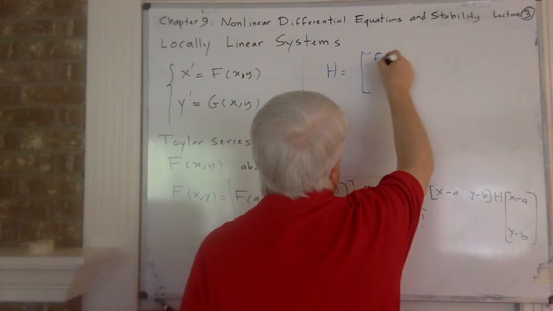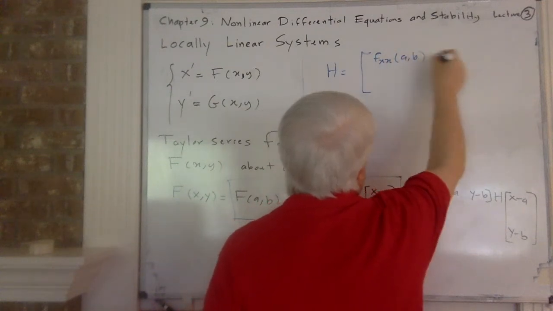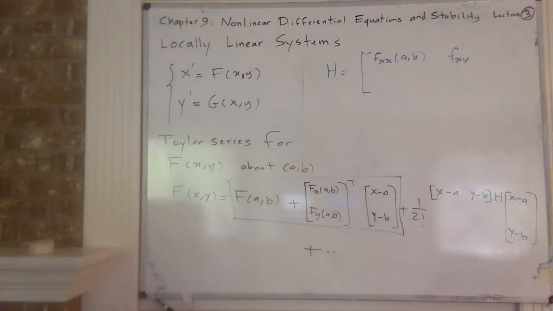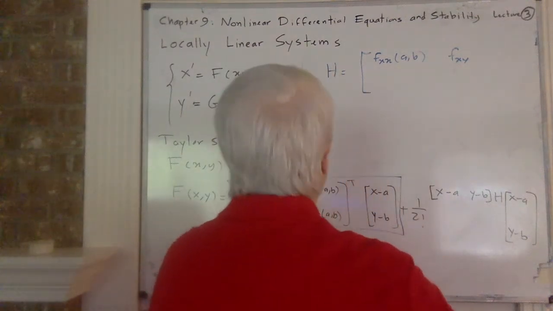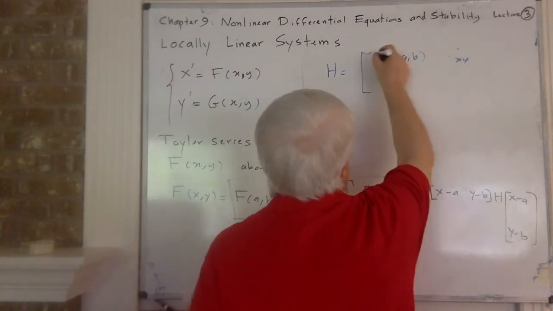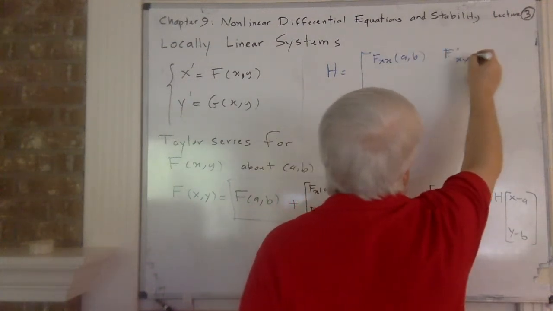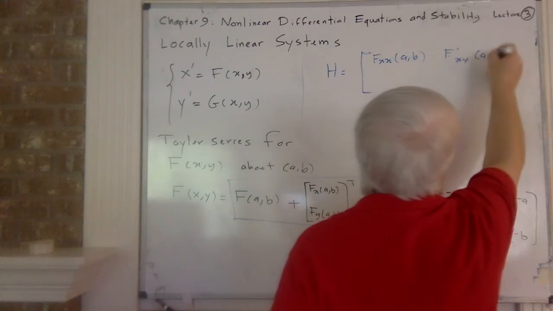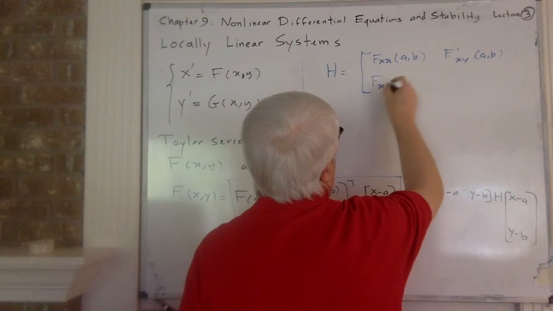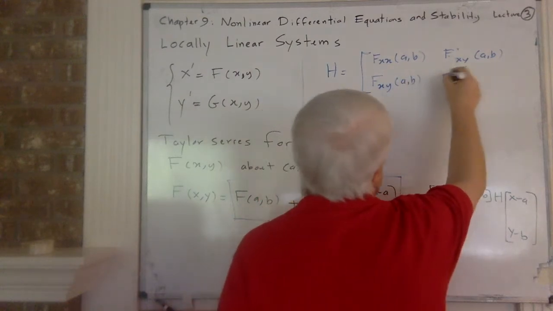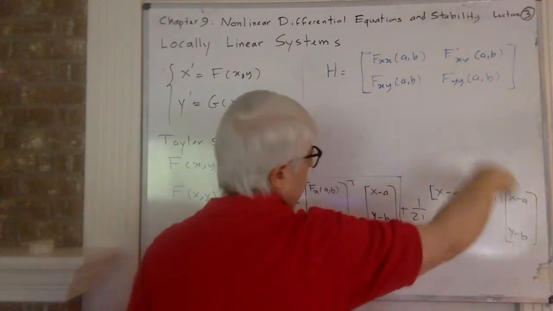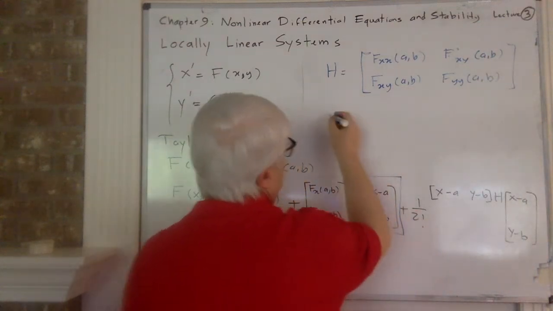That is fxx at AB, fxy. That is a bigger, yeah, that's capital F. So fxx, fxy at AB, and this is again fxy, assuming that they are the same, fxy at AB, and fyy at AB. So if I multiply by this and then this, I will get this.